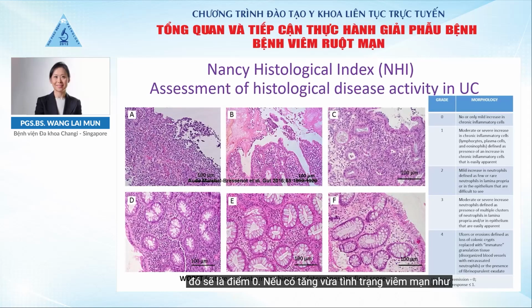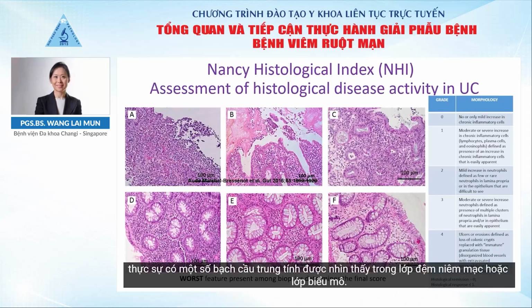If there is a moderate increase in chronic inflammation without any neutrophils, that's 1. And for 2, there are a few neutrophils seen in the lamina propria or the epithelium. So that would be 2.